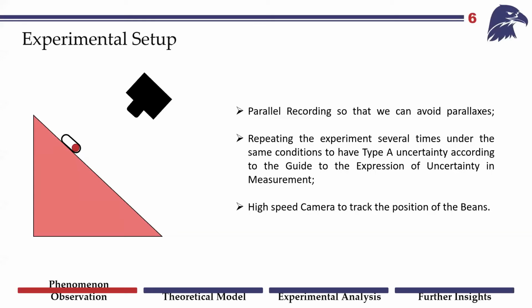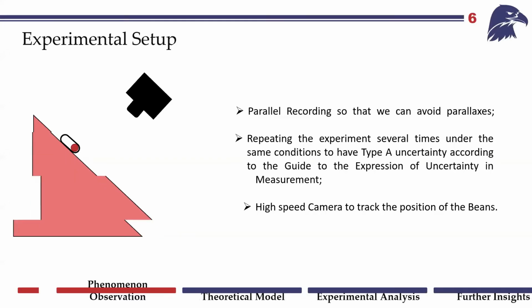It's a statistical type of uncertainty that is given by the standard deviation. And a high-speed camera, of course, to track the position of the beans.